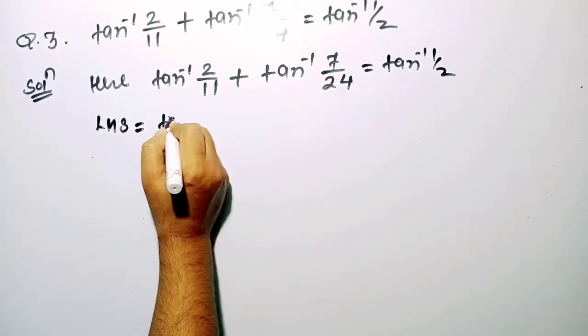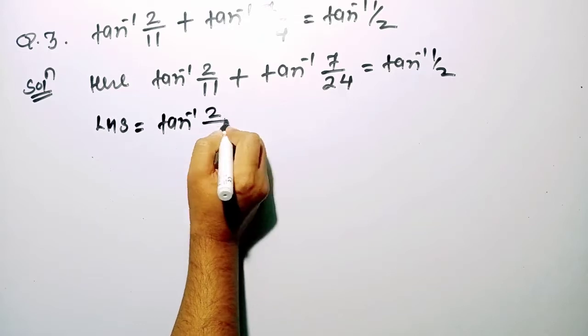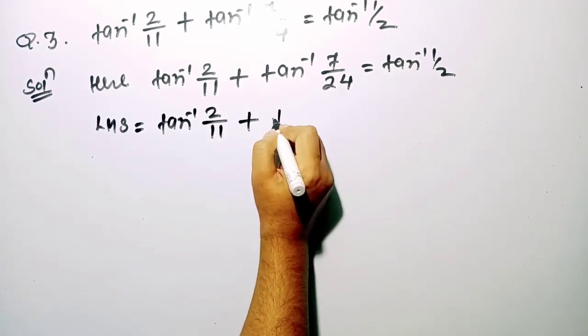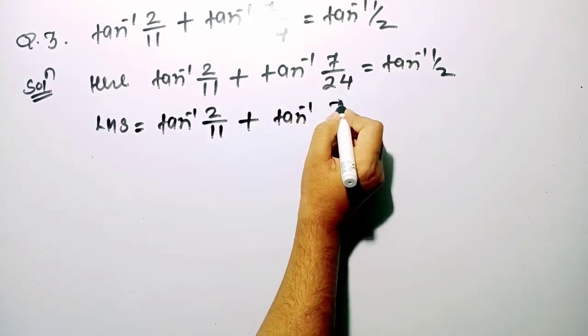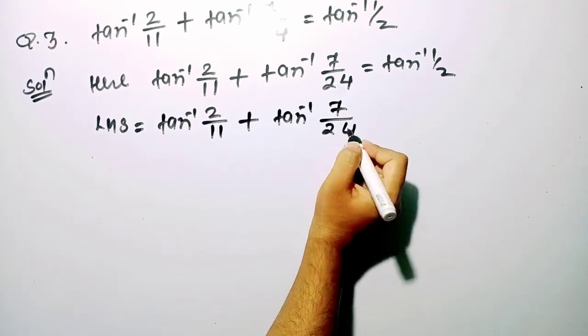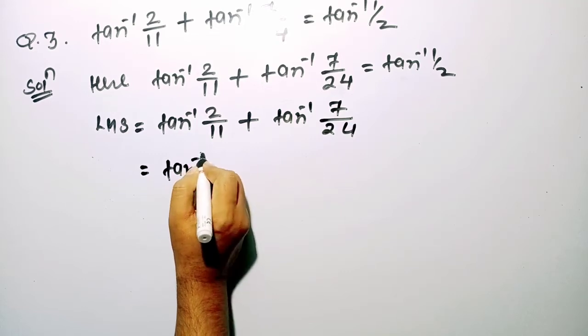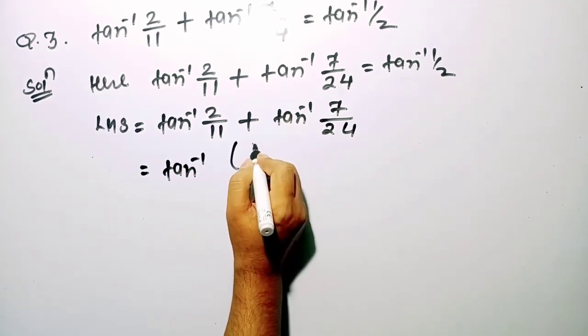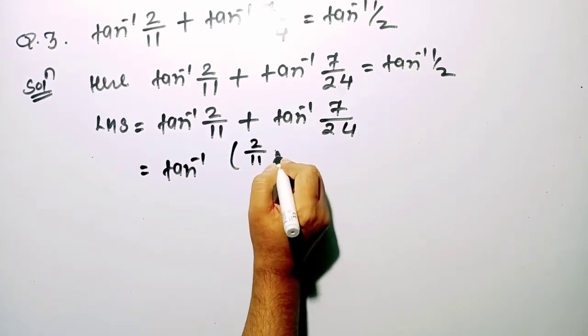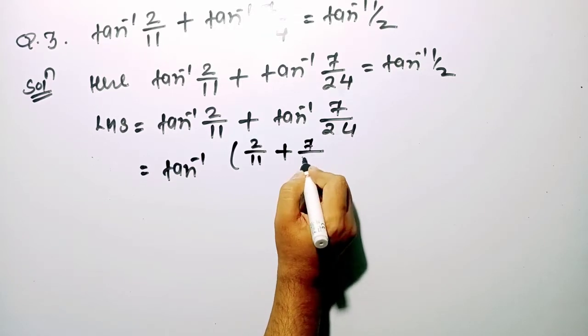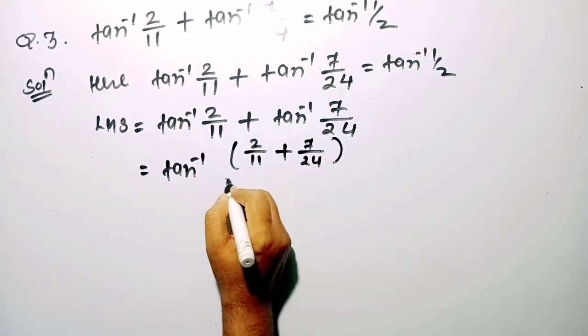So first of all, writing LHS, tan inverse 2 by 11 plus tan inverse 7 by 24. So applying the formula of tan inverse x plus tan inverse y. So we know that tan inverse x plus tan inverse y is equal to tan inverse of x plus y upon 1 minus x into y.